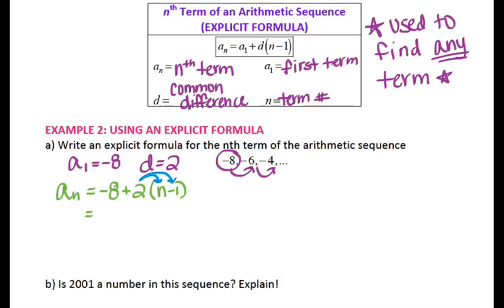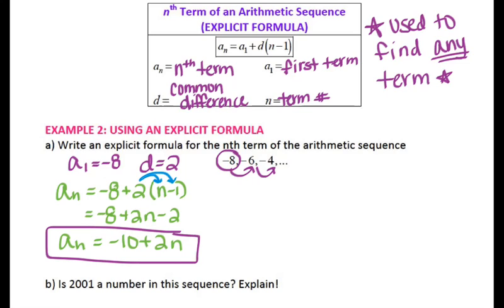So that gives us -8 plus 2n minus 2. Combine your like terms, and that gives you -10 plus 2n. And then that is your explicit formula for the nth term of the sequence. So if I wanted to find any term, I would take that term number and plug it in for n.